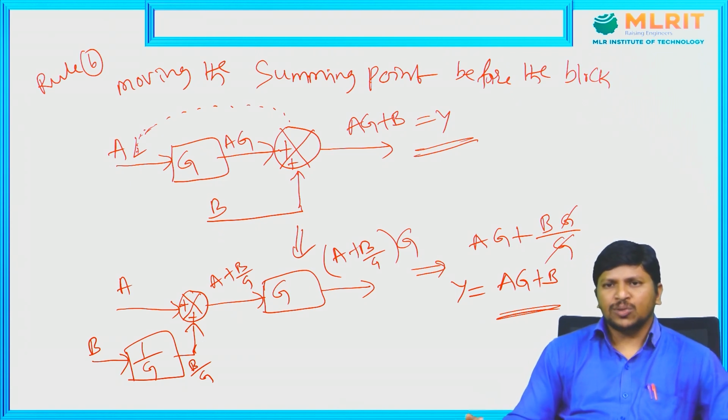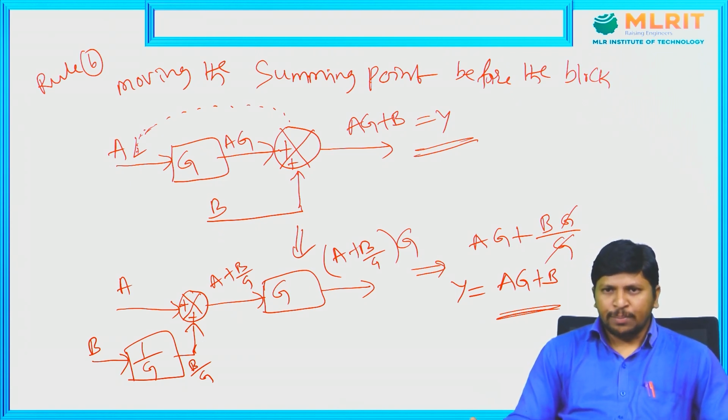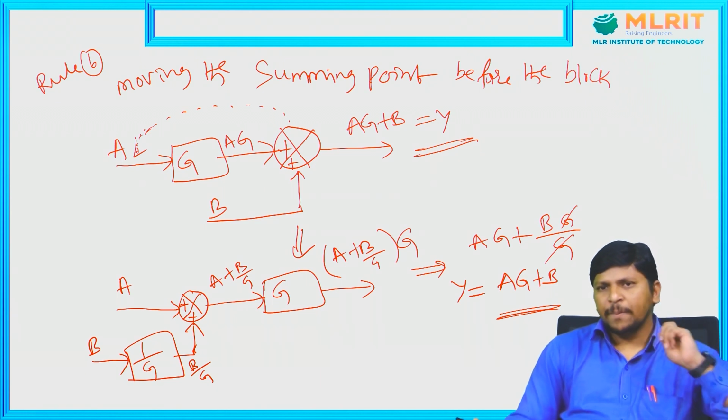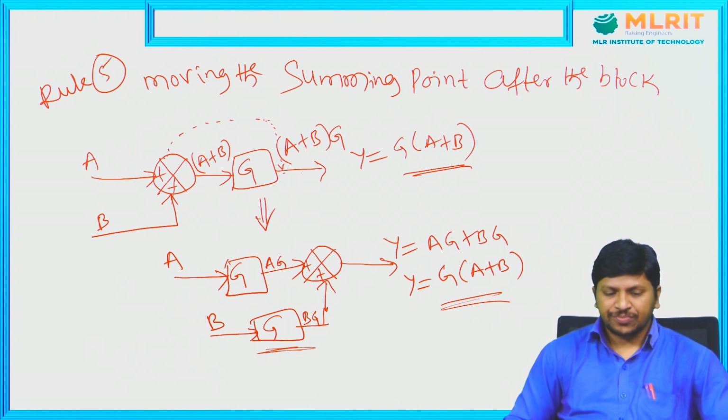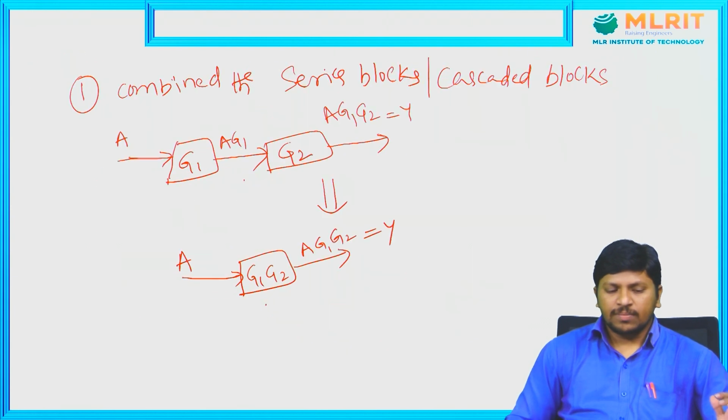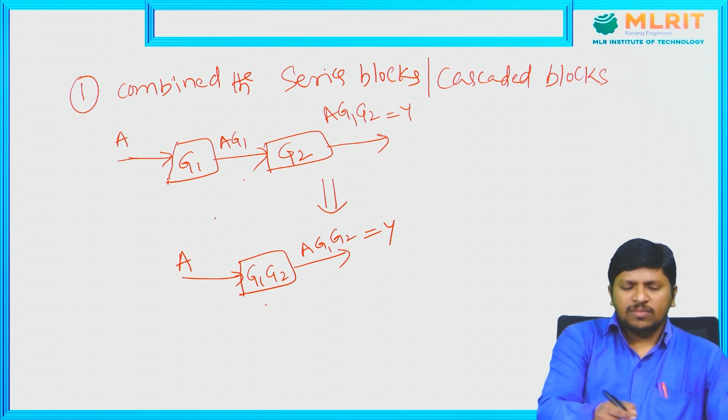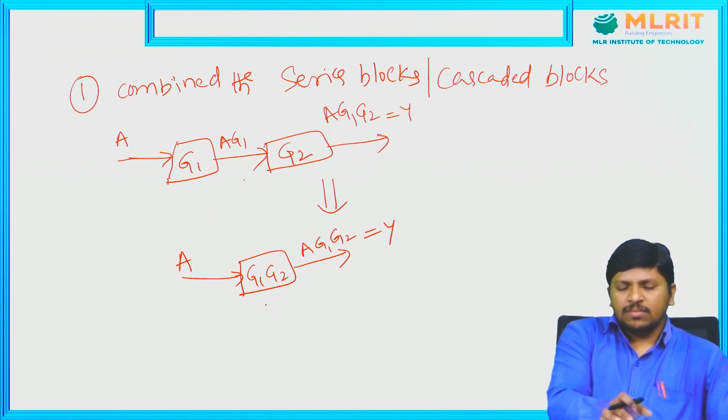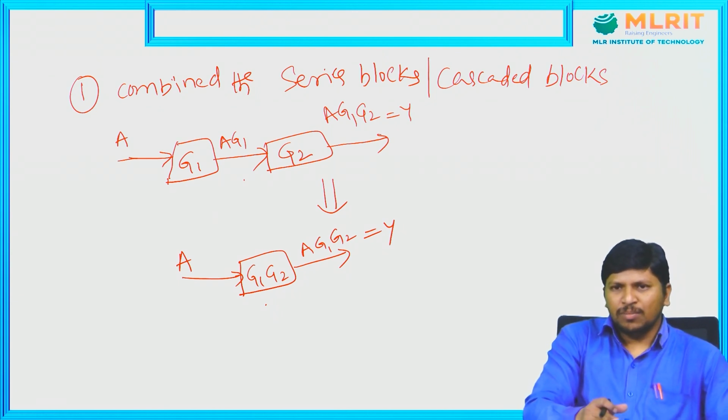These are the 6 important rules to reduce the block diagram, and in the next class we are going to learn the remaining rules. I think you understood every rule. If 2 blocks are in series, we combine them by multiplication.